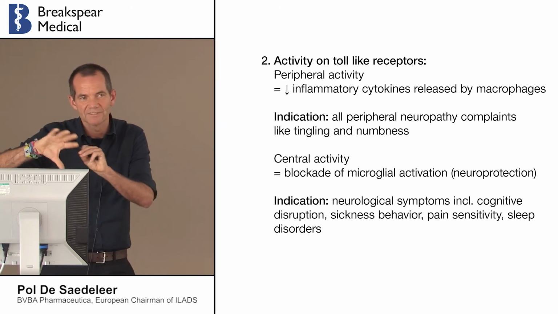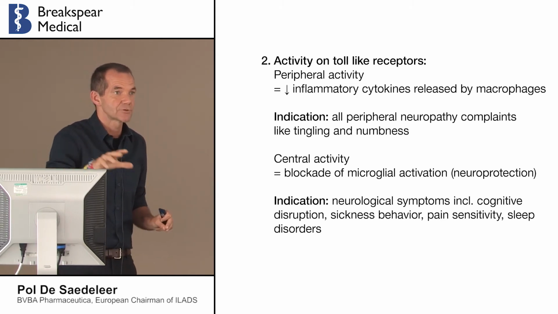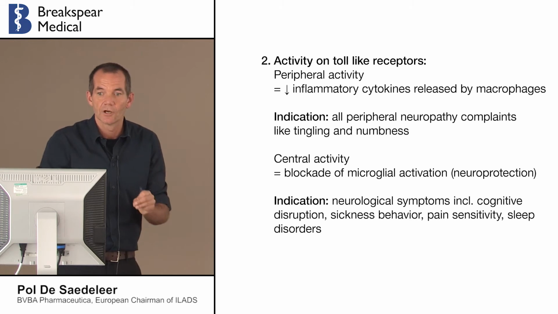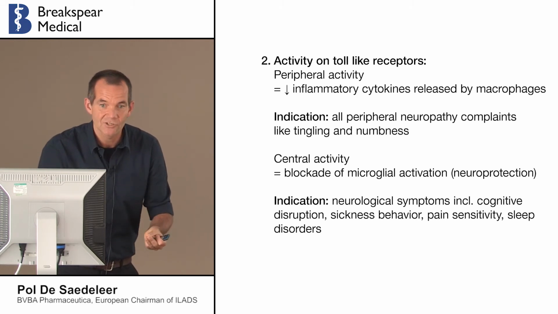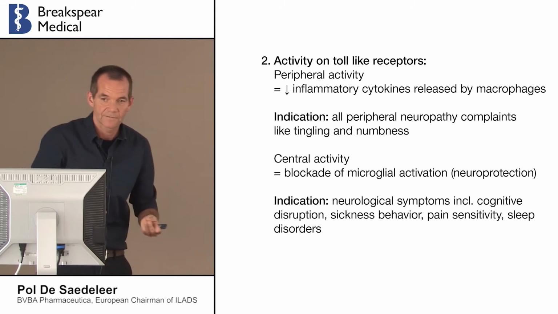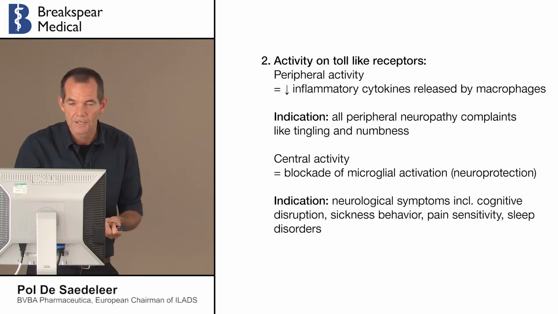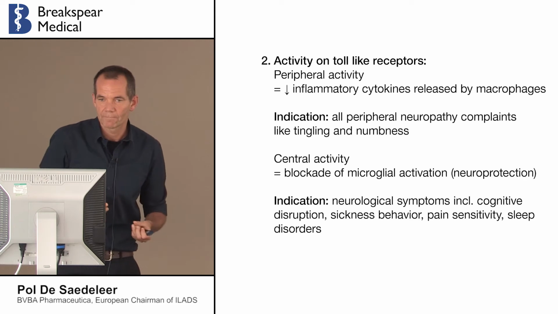Because of that, we will develop less inflammatory cytokines, and LDN is, as a result, very useful in peripheral neuropathy complaints like numbness and tingling. I think that we often see these peripheral neuropathy symptoms in our patients.